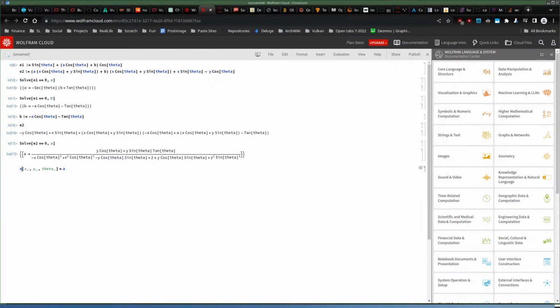Maybe it's not smart to use A here. I'm going to call it a function or something. Slash dot. Oh, we don't have a source.